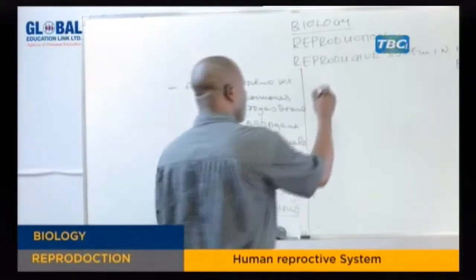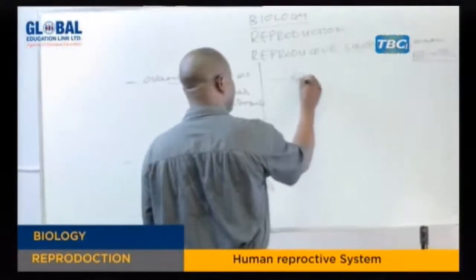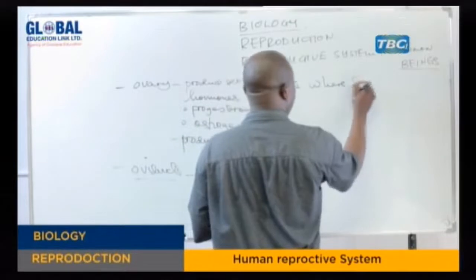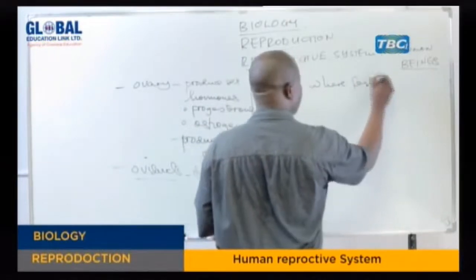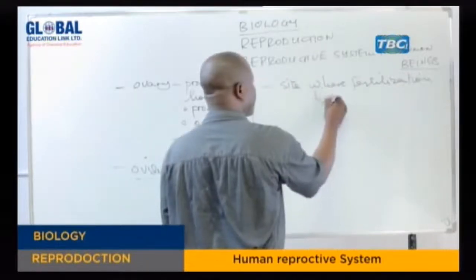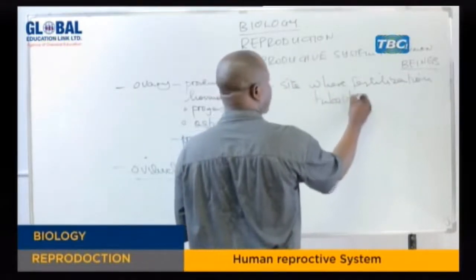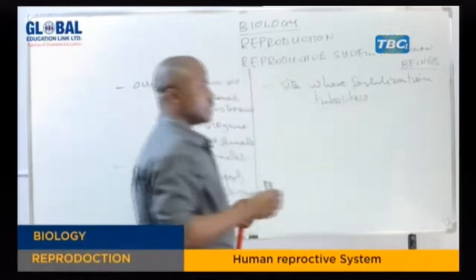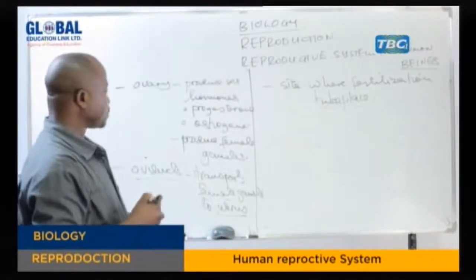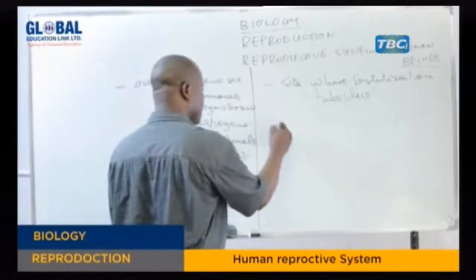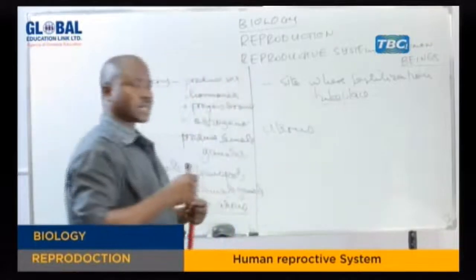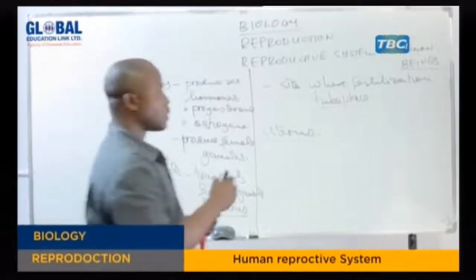Another function of the oviduct is that it forms the site where fertilization takes place. The inner part also consists of the uterus. The uterus forms the site for fetal development.